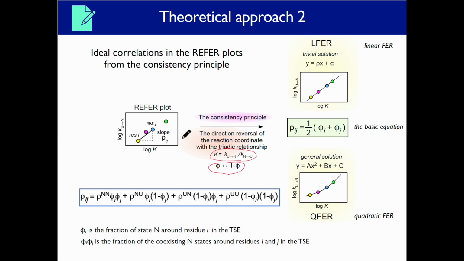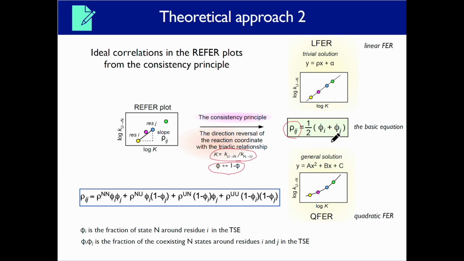So we can derive the basic equation, which we refer to as rho ij. Rho ij is the slope that connects two data points in the LFER plot, and can be represented as an average of the two phi i and phi j residues.